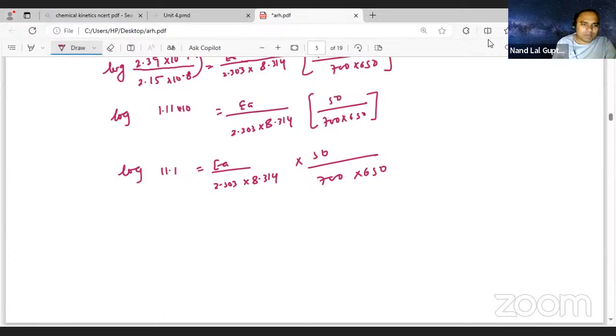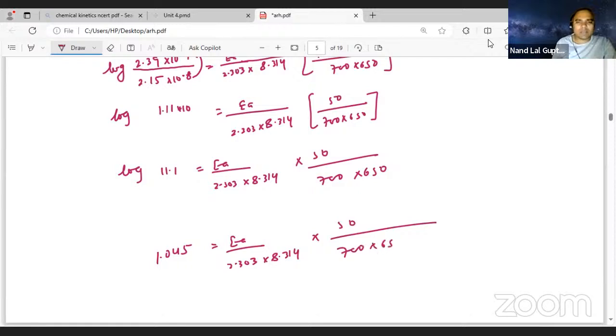So this value is coming 1.045, equal to activation energy upon 2.303, 8.314, this is 50 divided by 700, this is 650.